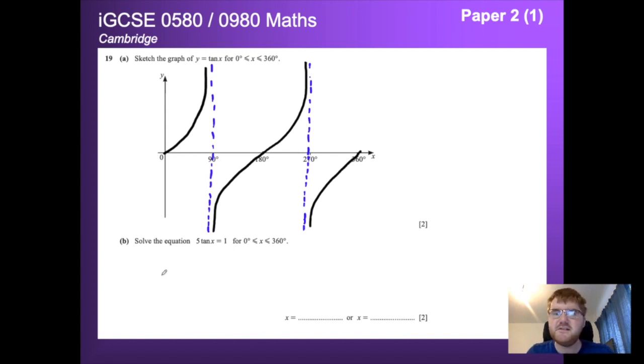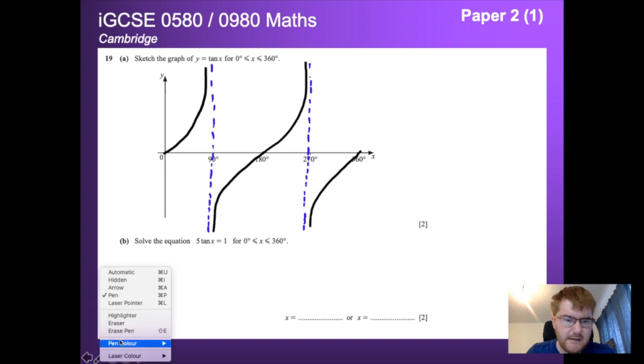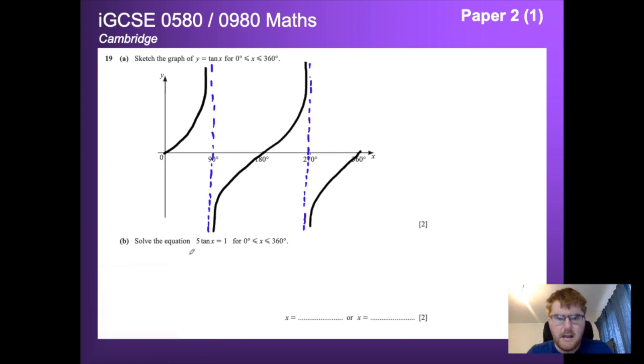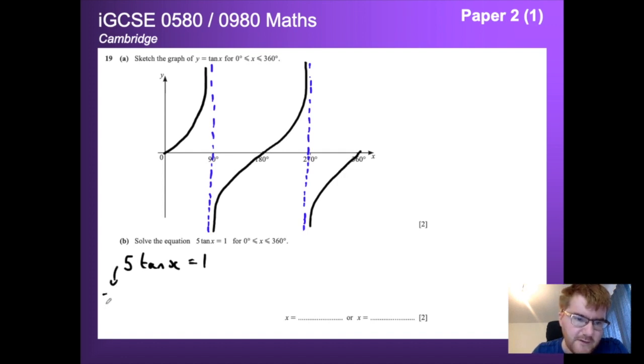And now we're going to use this to solve the equation. So let's go through this now. We've got 5 tan x equals 1. Like most equations, we want to get tan x on its own. So what's the opposite of timesing by 5? Well, we're going to divide by 5 on both sides. This cancels, and we get tan x is equal to 1/5.